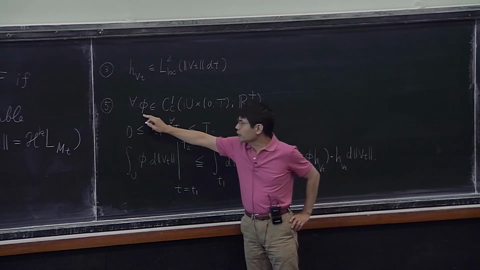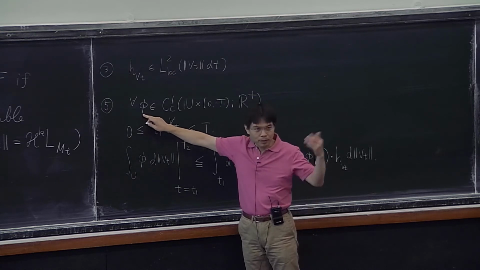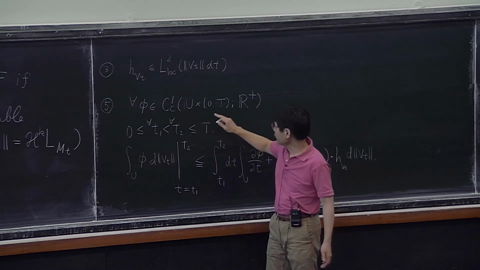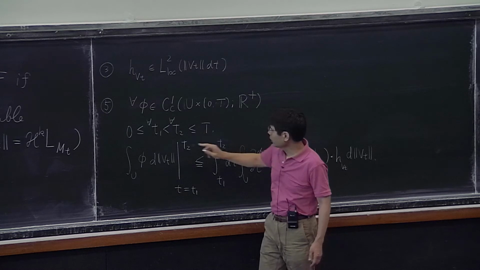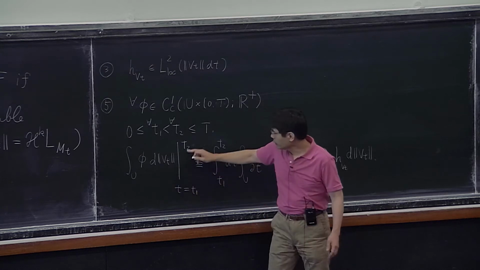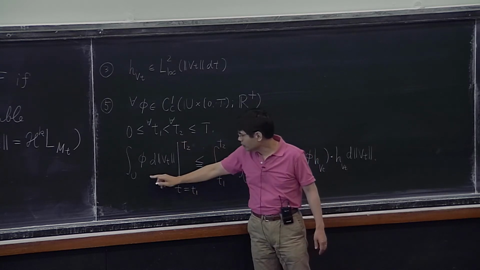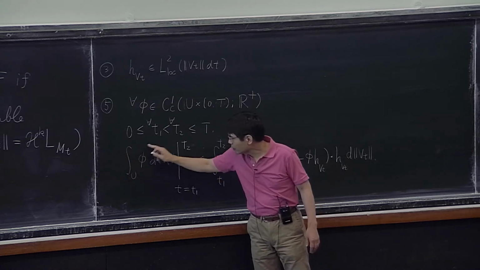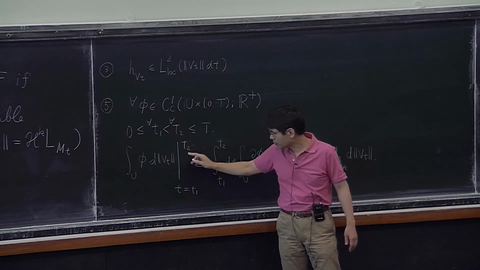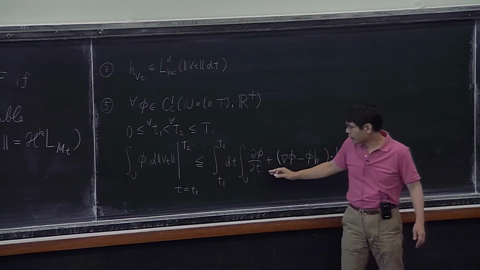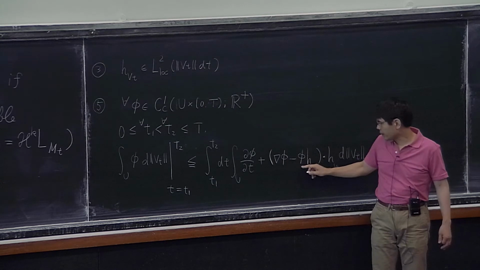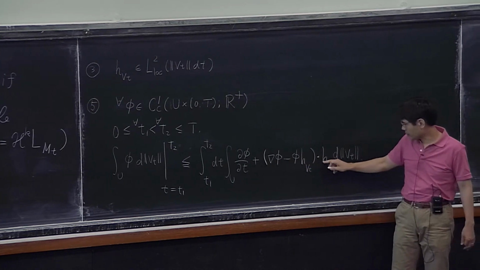That is, given any non-negative test function, that's very important to remember, it has to be non-negative, at least C1 say, depending on x and t. This is sort of an integral formulation of what we discussed yesterday. That is, for any t1 and t2, the difference of the integral of phi evaluated at times t1 and t2 is bounded by the right-hand side, which involves the time derivative of phi minus phi h dotted with h.